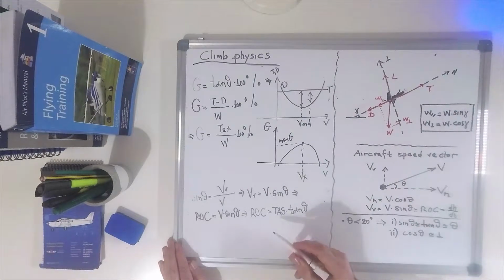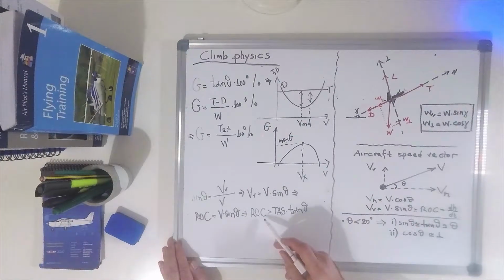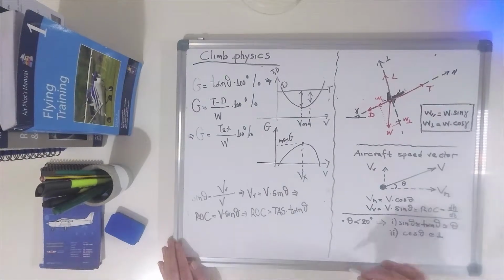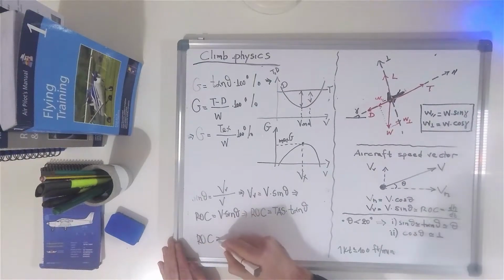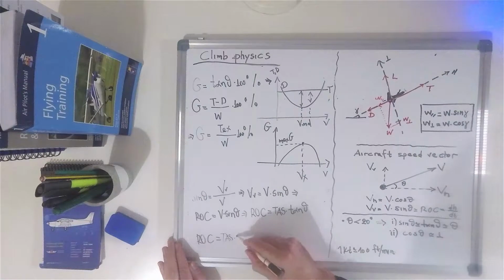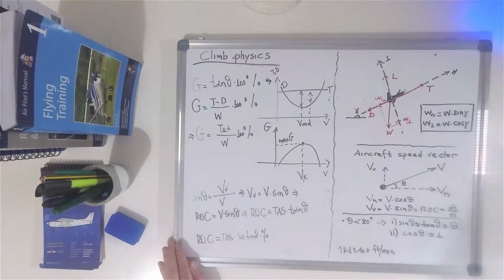But here the rate of climb is in knots. If we transform knots to feet per minute, where approximately 1 knot is approximately 100 feet per minute, then the rate of climb will be the true airspeed multiplied by tan theta in percentage, which is, as we know, the climb gradient.